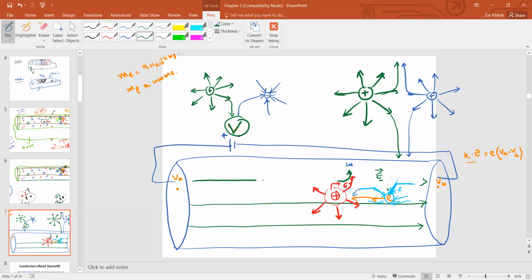The electric field will change its direction, and because of those changes and deterioration in the electric field inside the conductor, you end up with an electric field which is not a straight line, and people for centuries called this phenomenon magnetism.